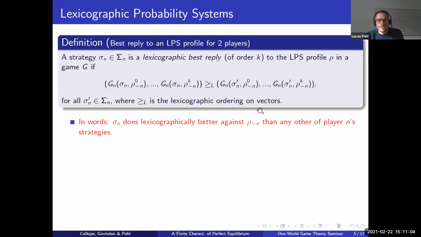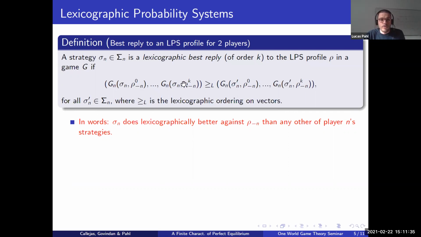All right. So let me introduce one more notion. With this definition of lexicographic probability systems, we can generalize the common notion of best reply for finite games to a notion of lexicographic best reply. So a strategy sigma n is a lexicographic best reply of a certain order to the LPS profile ho if this lexicographic ordering of these vectors here holds.